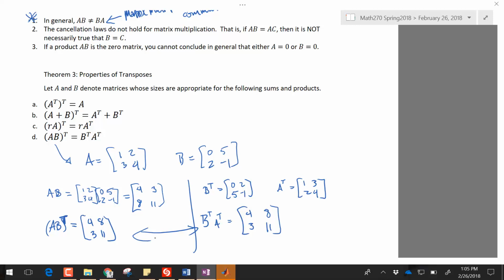All right, so that's an interesting property that would come in handy for us. And if you were to try to just multiply A transpose times B transpose, you'll see that it's probably not going to equal that since it's not commutative. Okay? Any questions?